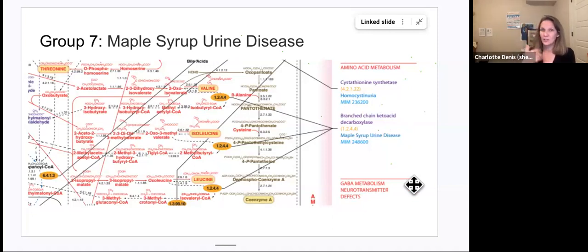And when students research this a little bit, they find out that there are these three particular branched chain amino acids, valine, isoleucine, and leucine, which cannot be broken down when this enzyme is defective.